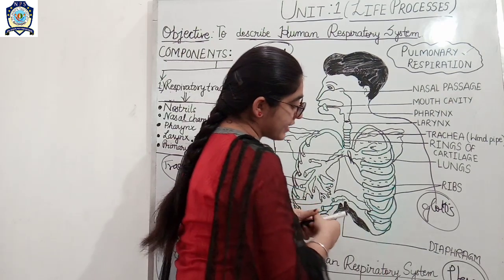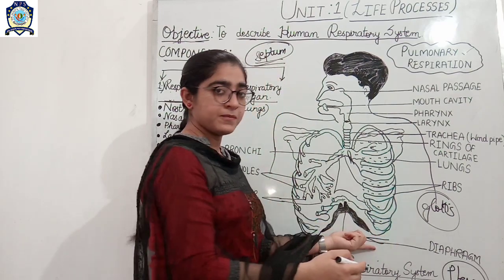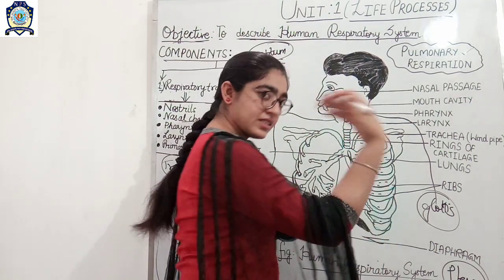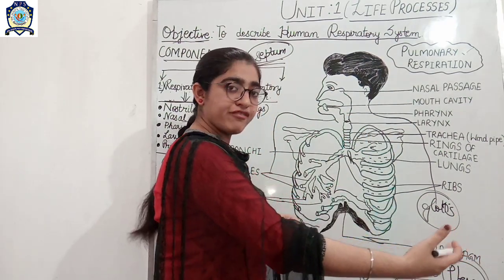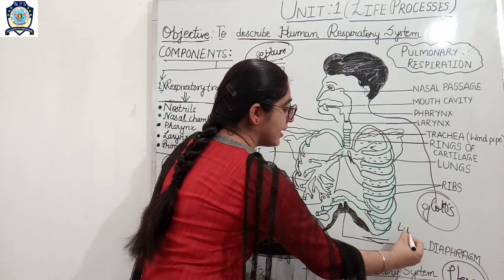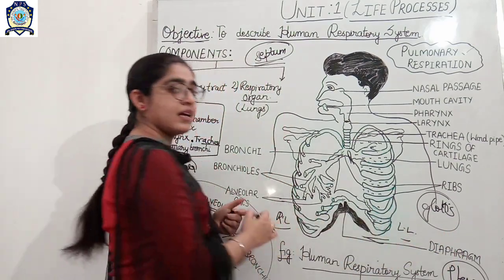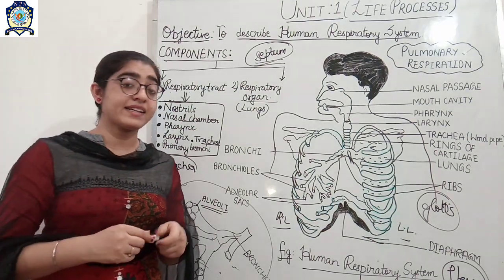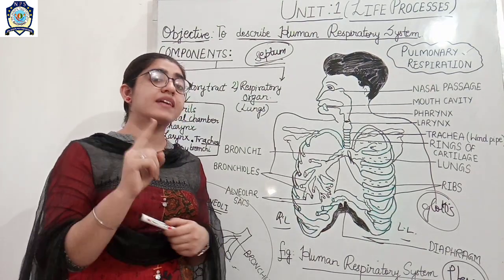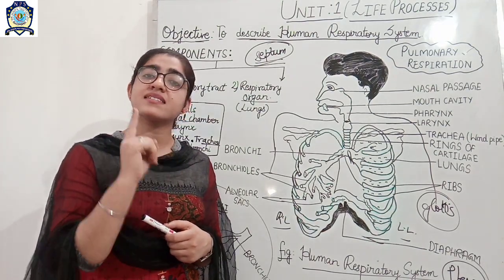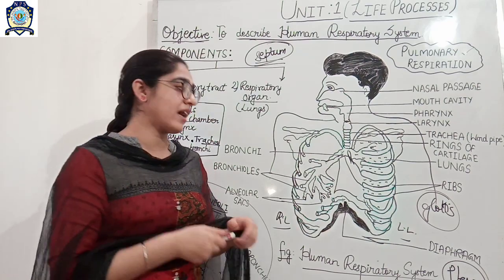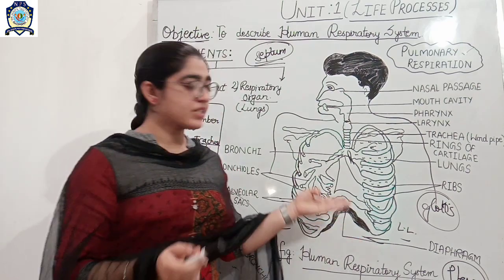So यहाँ मेरा ये जो था, ये कौन सा lung हो गया? Left lung, because it's the right side of my hand. So this is the left lung and this one is the right lung. Okay, and as I have discussed, the right lung is larger than the left lung. Okay, so is it clear?